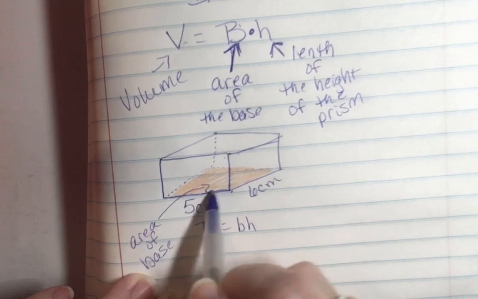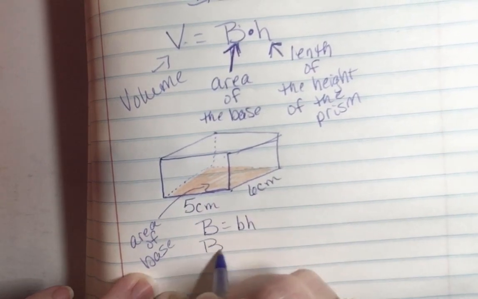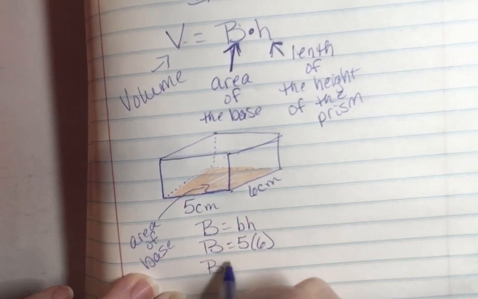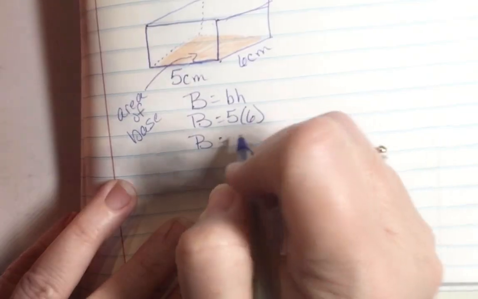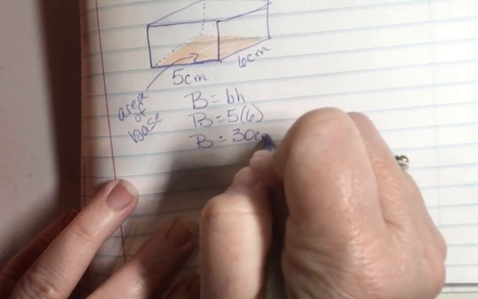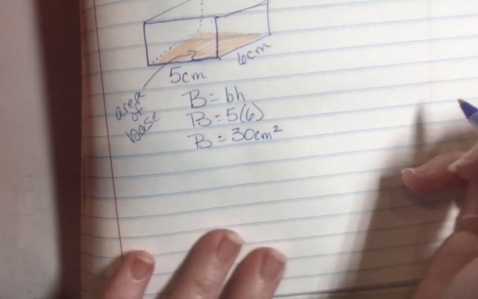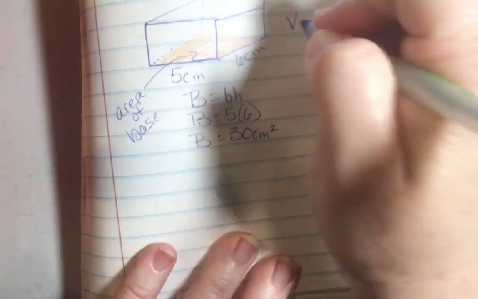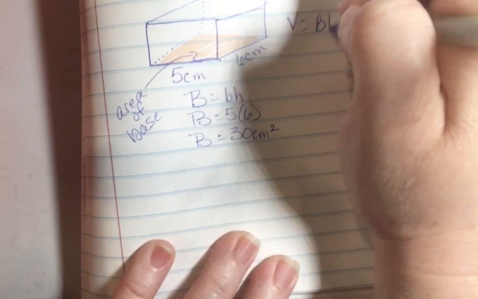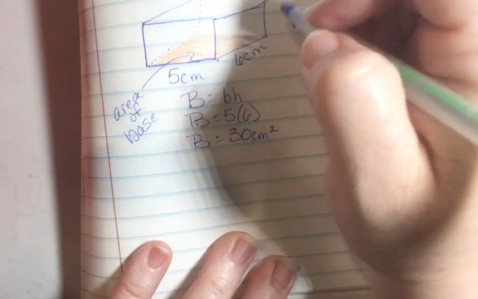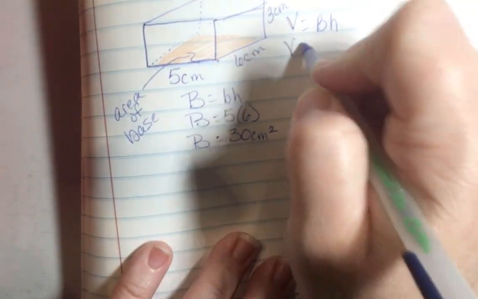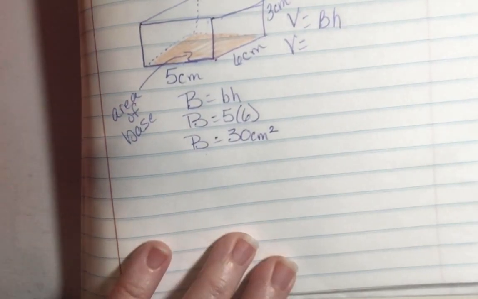So the length of the base is 5, the length of the height is 6, so the area of the base is 5 times 6, which is 30 centimeters squared, right? Now we've got to multiply it times the height. So to do volume, we have to do the area of the base times the height. Let's say the height is 3 centimeters. So our volume, what was the area of our base?